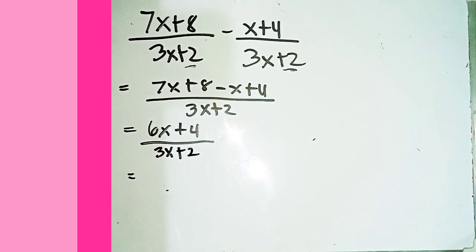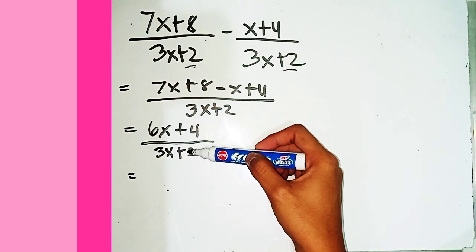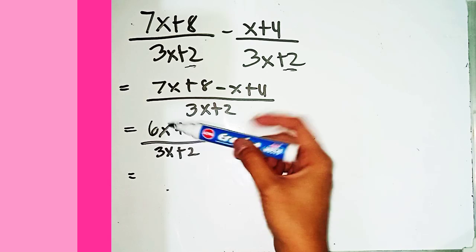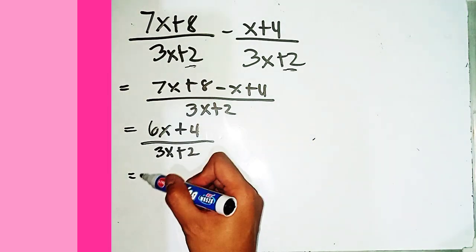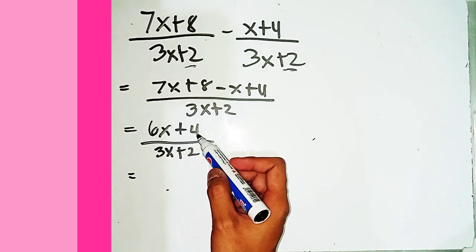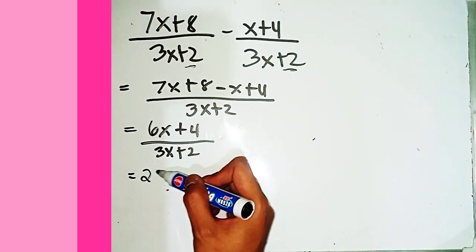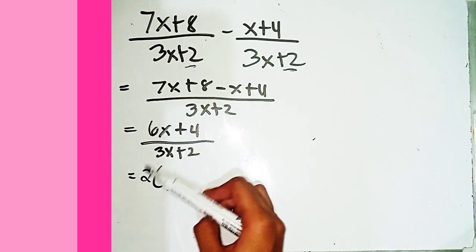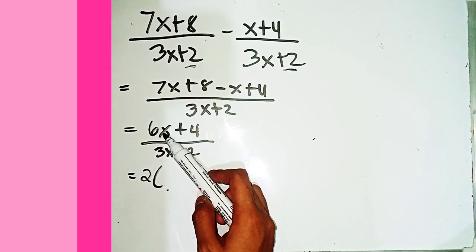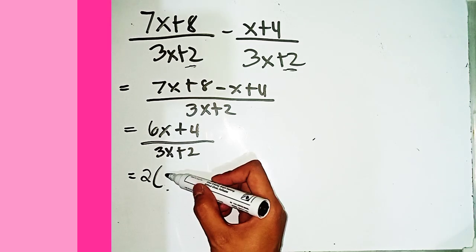We can still factor 6x and 4, so by 2. Their factor would be 2. So 2, and 6x divided by 2, that would be 3x.